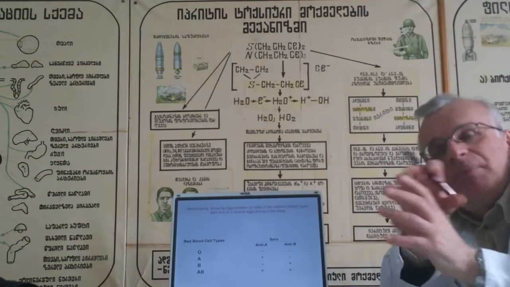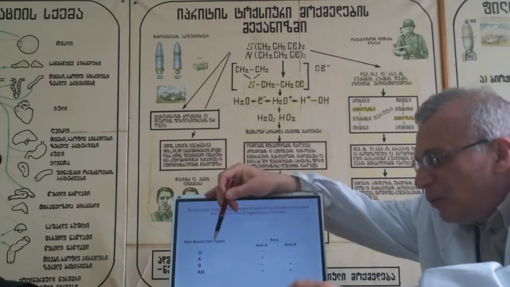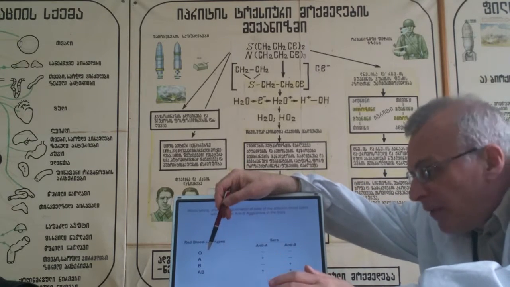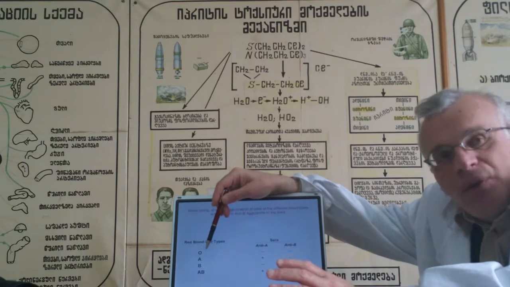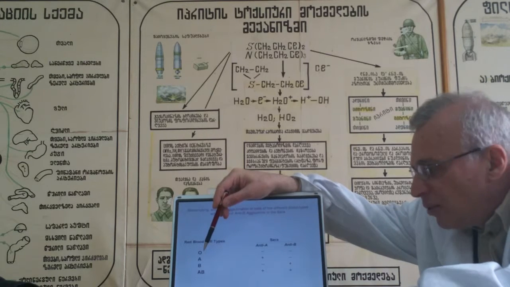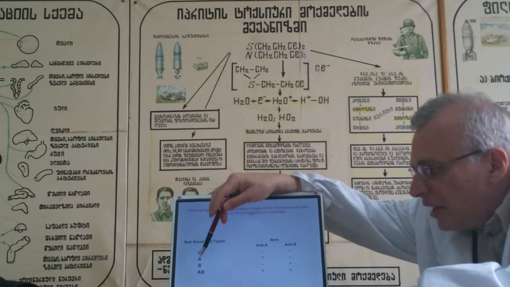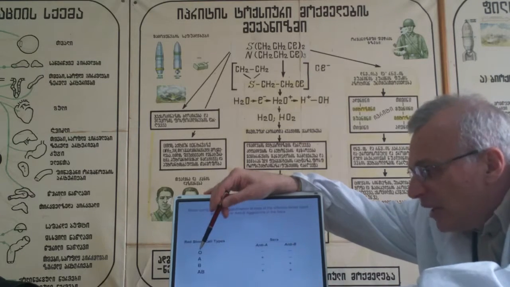It's no big problem. But if we transfuse more, then it's dangerous. 1 liter, 2 liters, for example in some accidental situations, this is a problem. But usually now the recommendation is absolutely the same.